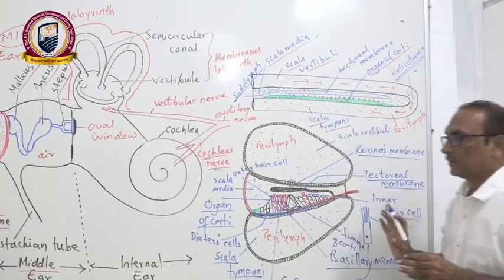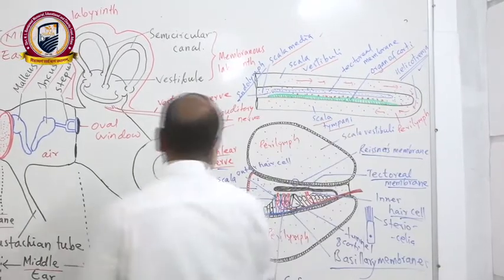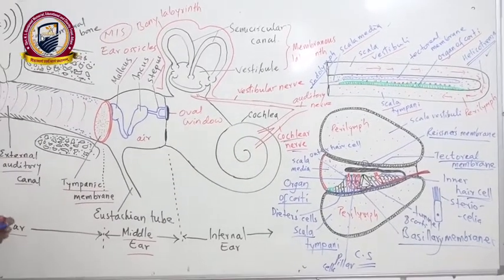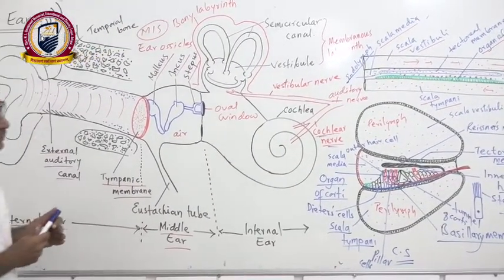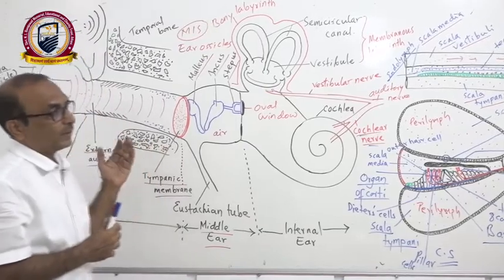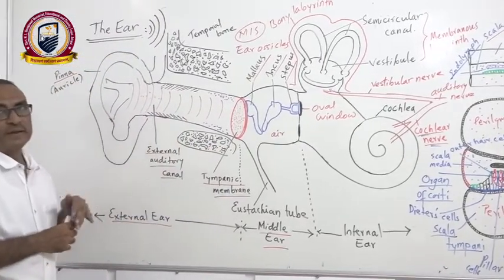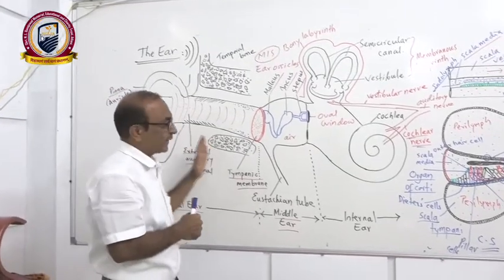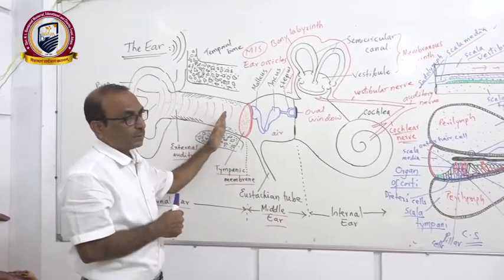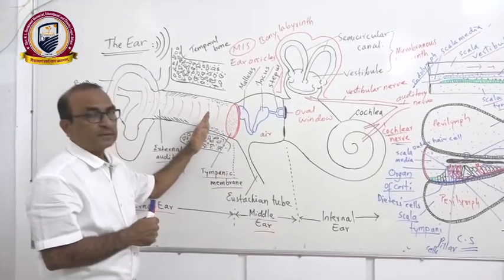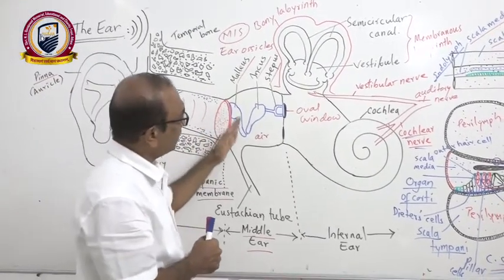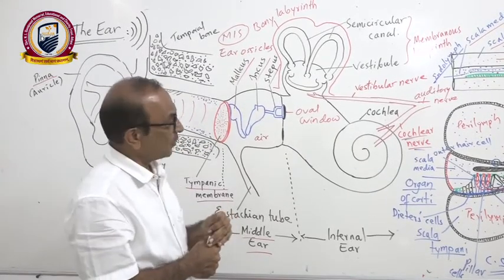Now we have learnt about the detailed internal structure of the cochlea also. Let us put light on how the mechanism of hearing takes place. We have already noted that the sound waves are transmitted by the tympanic membrane and then by the ear ossicles.